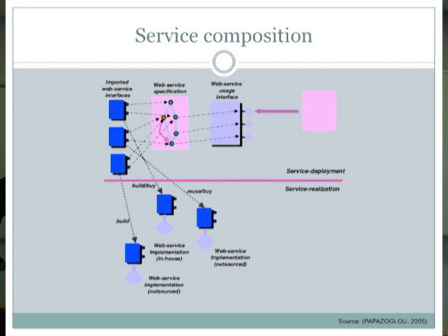Probably you've heard about service composition, and you know that with WSDL you can describe your services. But what is very important is this border. Normally, when we talk about service composition, WSDL, all of these specifications, we are talking about this part of the border, service deployment level.